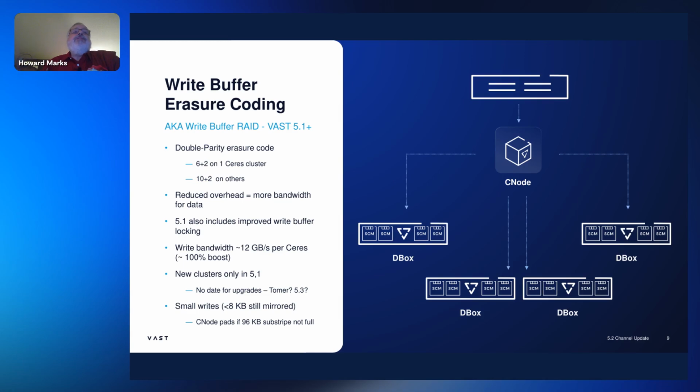A single Series D box could do about 5.5 gigabytes per second of write bandwidth in 5.0, and a cluster of Series D boxes can do 12 gigabytes per second per D-box in 5.1.